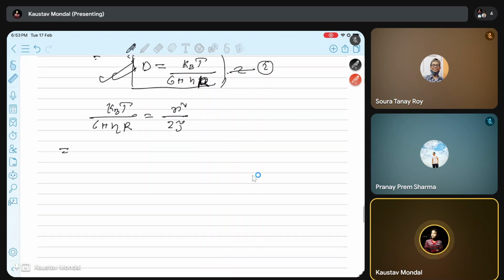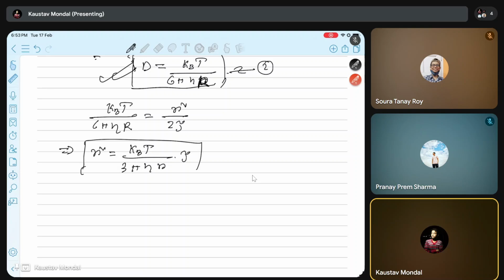So from here you can write r square as kBT over 3 pi eta R into tau. So this is a very important relation.